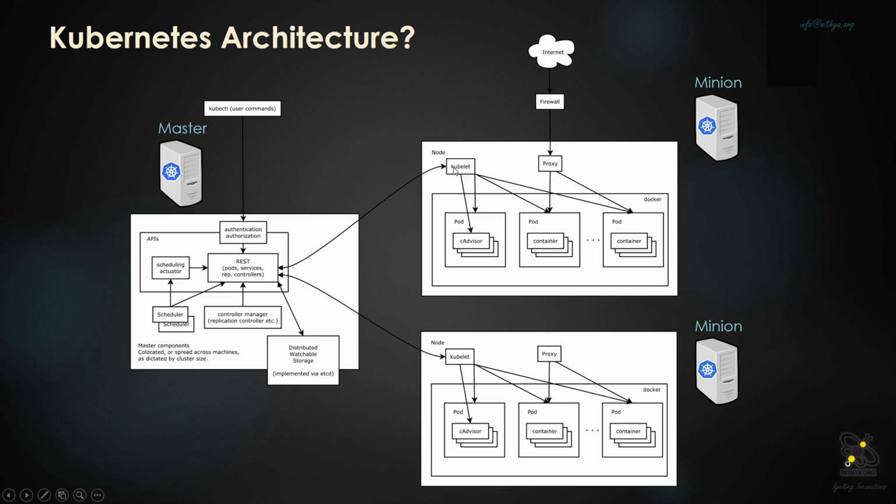And as I said, the entire state of the data is stored in etcd, correct? Kubelet takes this information from the individual pods and says, this is the state of my system, and stores it into the distributed watchable storage called etcd.